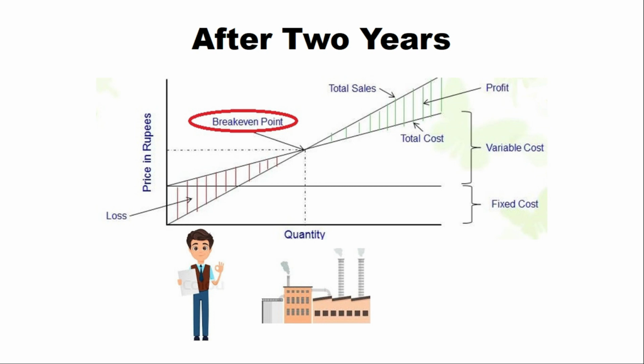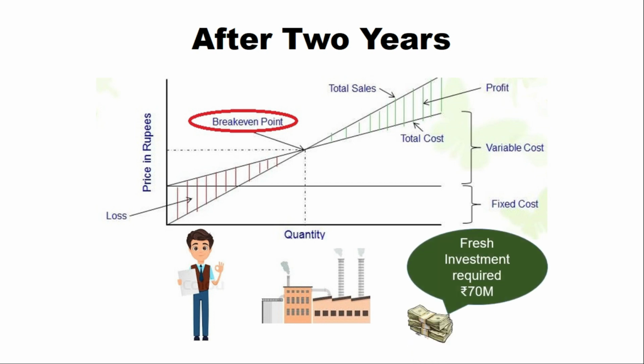He makes the plan and estimates the fresh investment needed for his business expansion is 70 million rupees. He is now in a better situation when compared to where he was 2 years ago. The big difference is his business is generating revenues.